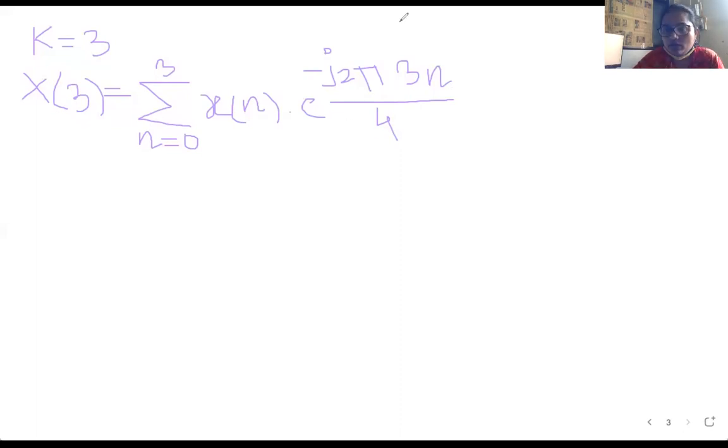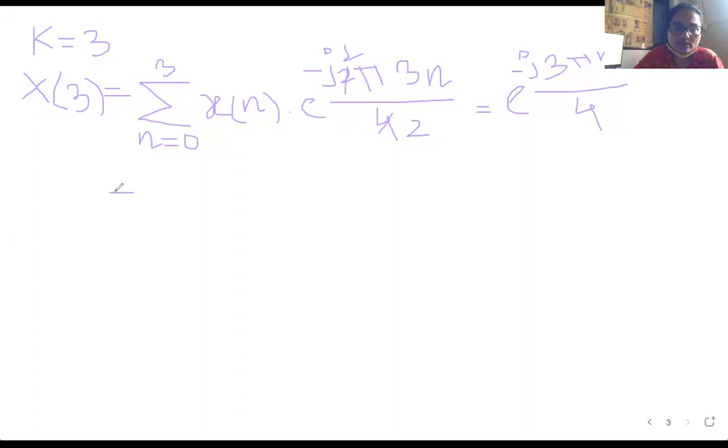So here you can reduce the equation by doing this division. So 2 ones are 2, 2 twos are 4. So this entire exponential term will be reduced to e raised to minus j 3 pi n divided by 4. So this is going to be like this. Now what you are going to do is substitute values of n and calculate the output.